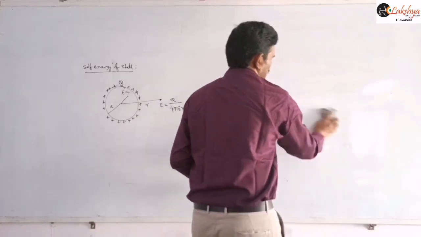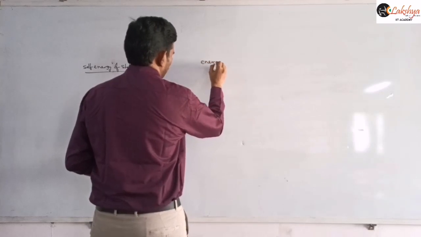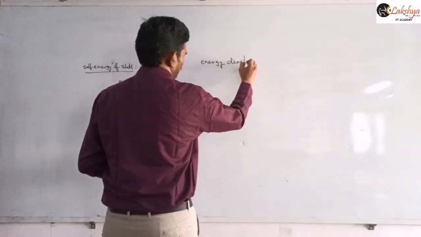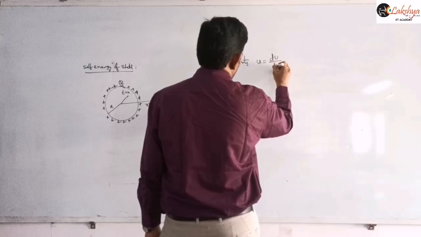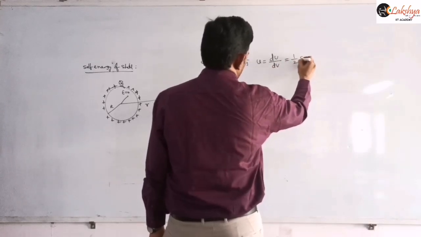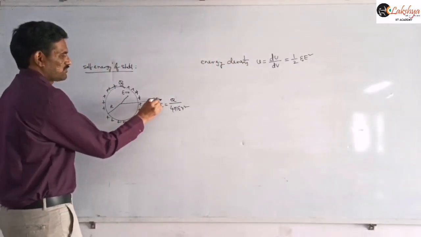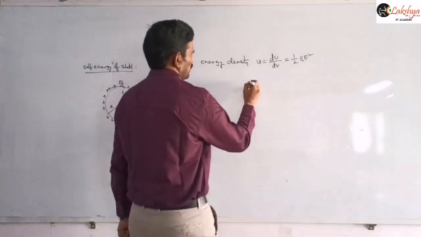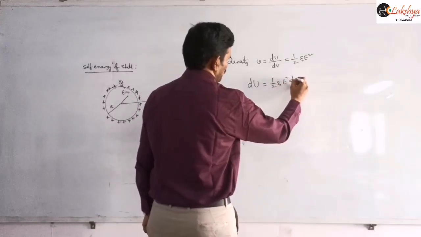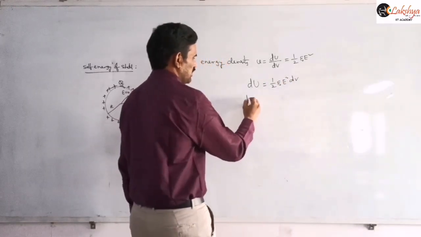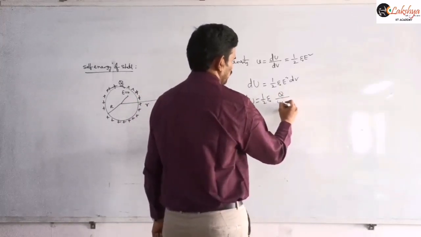So the energy density u, which is du by dv, is equal to half epsilon naught E square. Therefore du is equal to half epsilon naught E square dv, where E square is q by 4 pi epsilon naught r square, whole square, into dv.